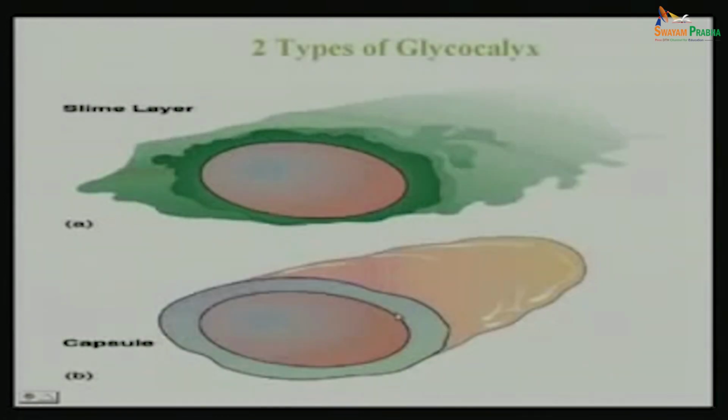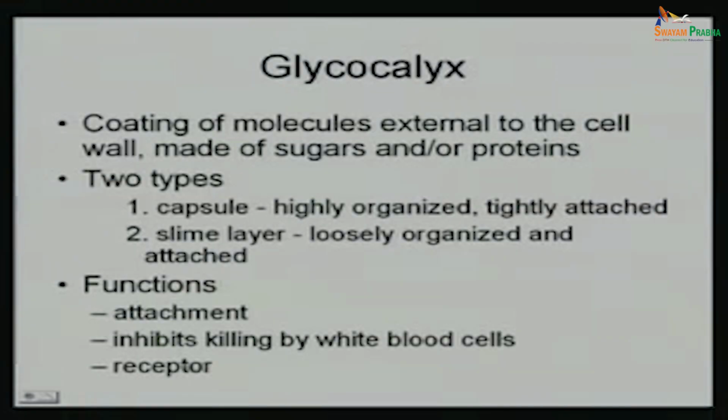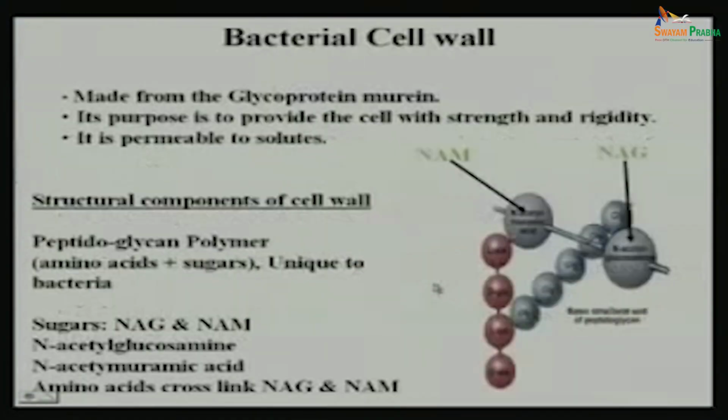These are external attachments, and the main function of this capsule or glycocalyx is that it inhibits killing by white blood cells, and it also acts as a receptor of the cell. So, this is the major function of this glycocalyx.